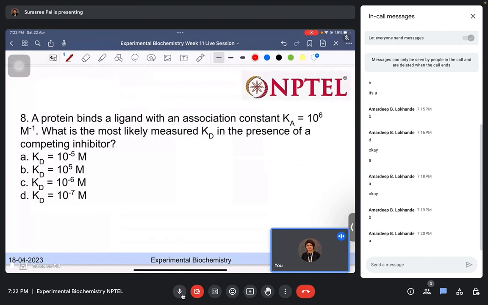So what happens in the presence of a competing inhibitor? When there is an inhibitor which competes with the ligand, what will happen to the dissociation constant?